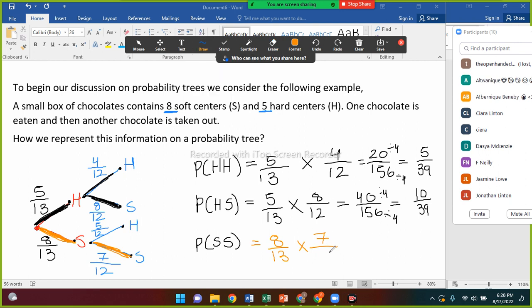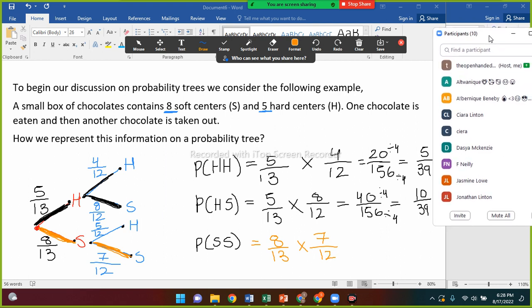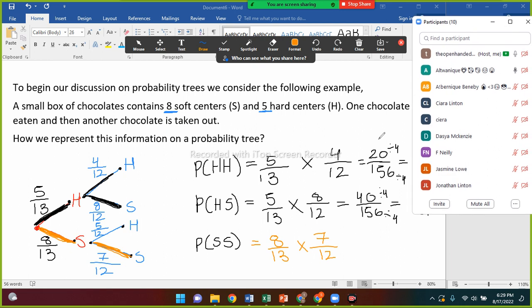Are you supposed to go from this one to this one? Yeah, because remember, it's soft, soft. So I have to go from soft to soft.